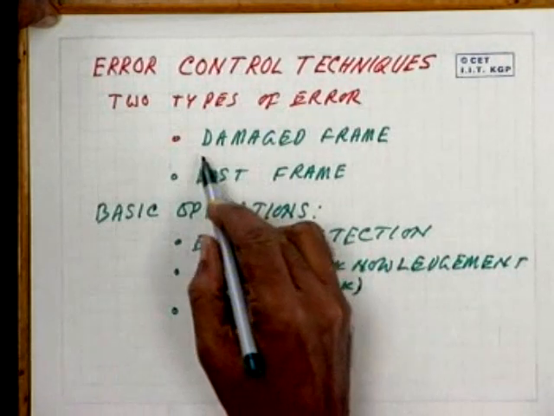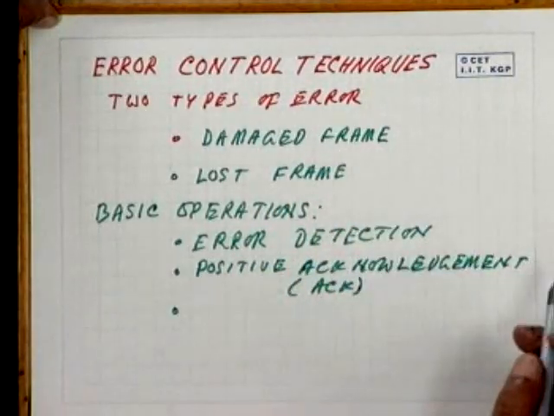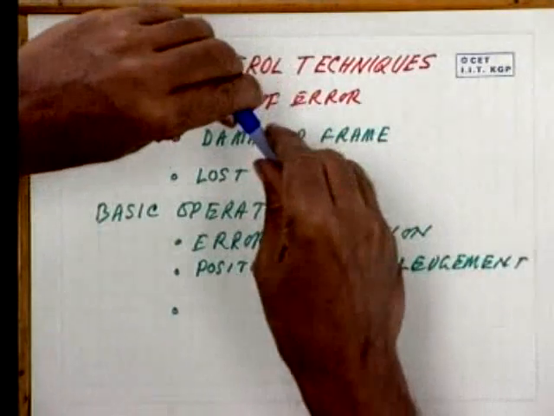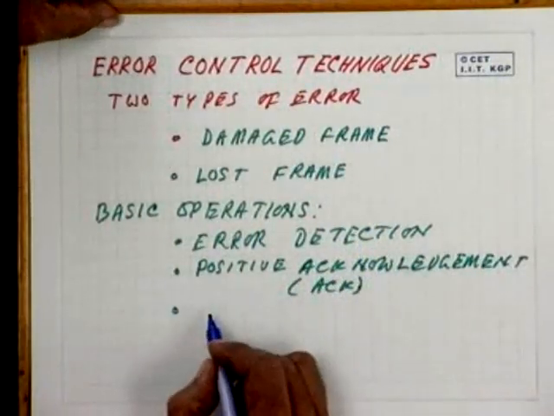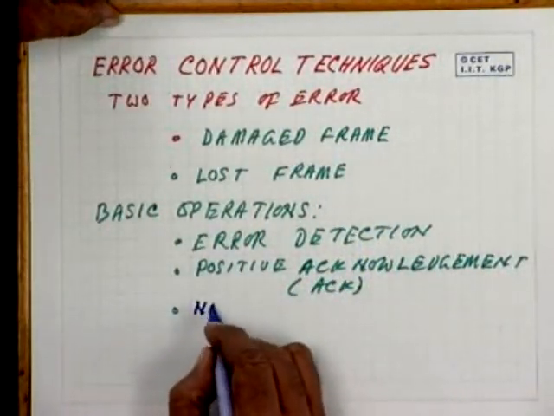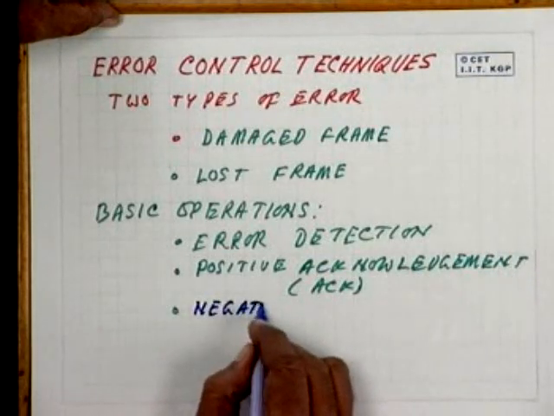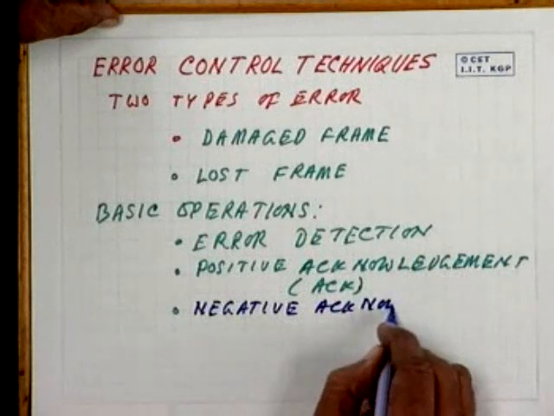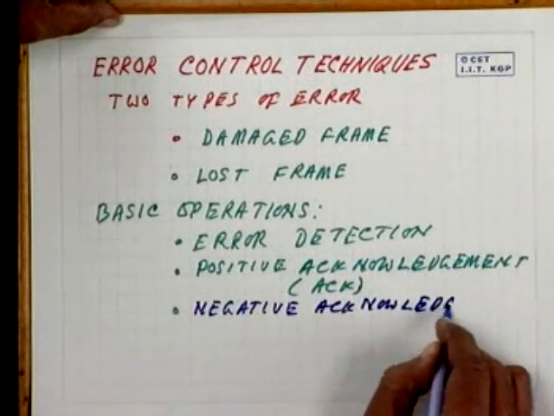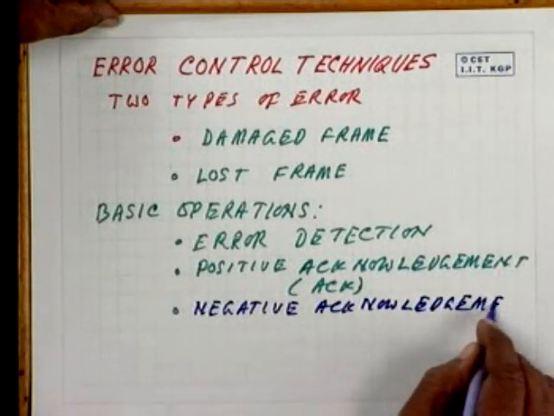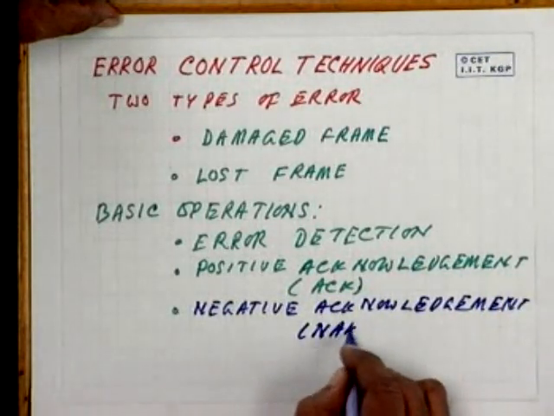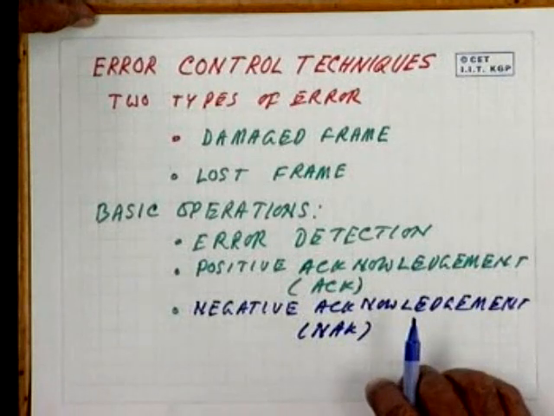Now whenever a frame is received in damaged form, then the receiver sends a small frame which is called negative acknowledgement, or NAK.